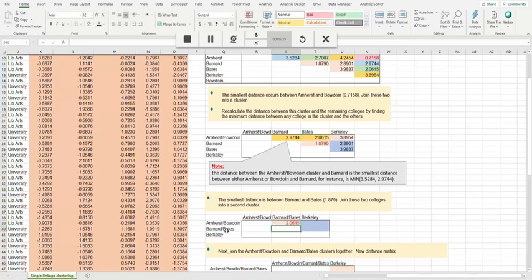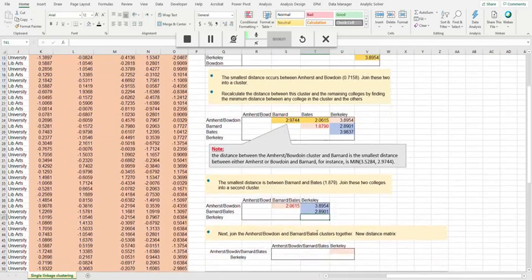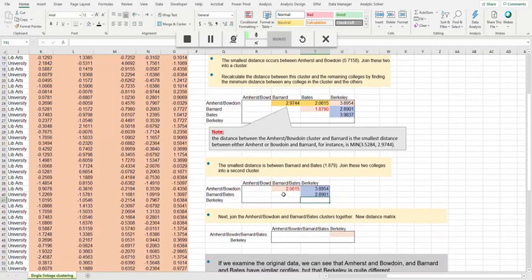And for the next one, Amherst, Bowdoin, and Berkeley, we just copy it. And this one again, we look at Bernard and Berkeley, and we look at Bates and Berkeley, these blue cells, and the minimum is 2.8. So in the same manner, we look at the minimum distance of the table, which is 2.06.